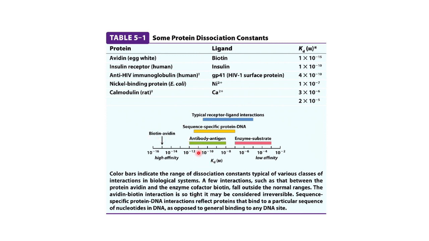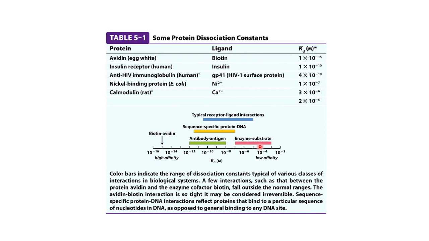This is a very tight binding. Whereas a good binding can be for antibody antigen, then sequence specific protein DNA, and typically receptor ligand interactions, and for low affinity you can observe enzyme substrates and all.